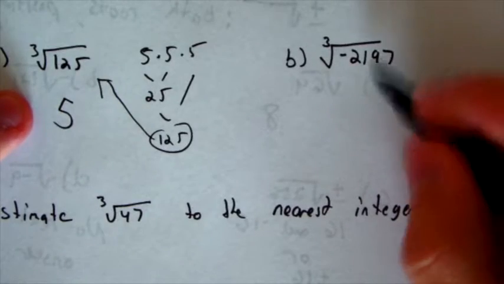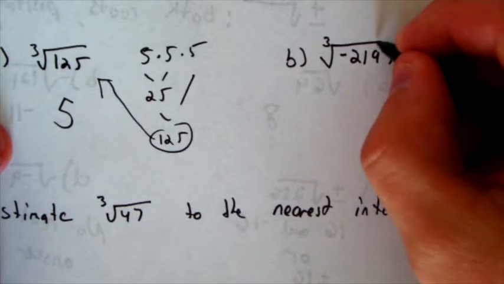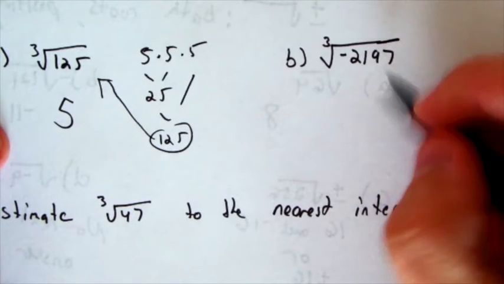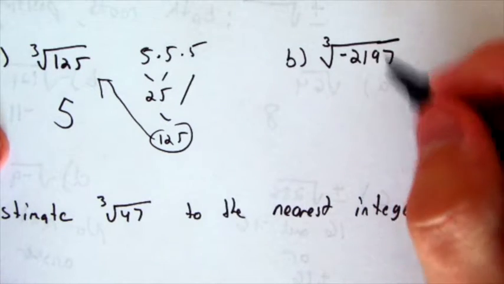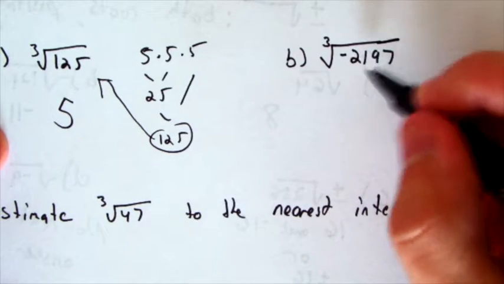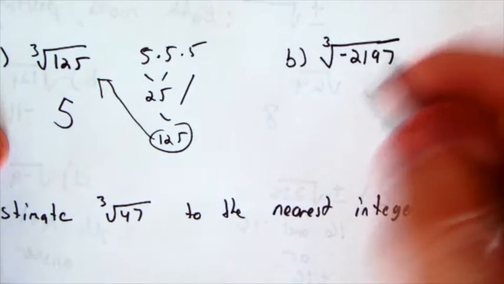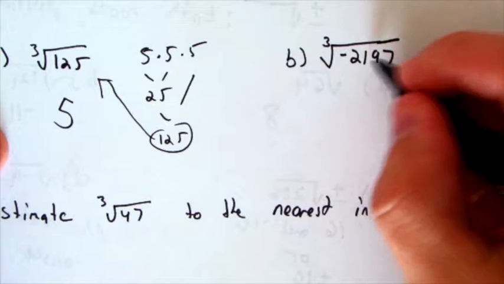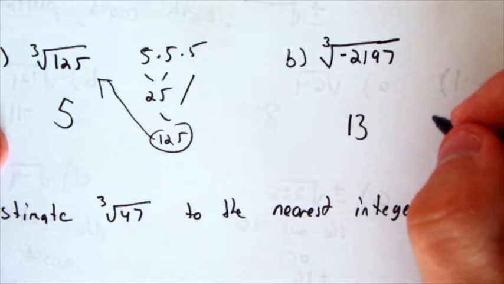Now, this next one, the cube root of negative 2,197, is not nearly as well known, but it can still be done easily. In fact, we've already done this one way back in lesson 1 or 2 when we were talking about rewriting numbers to different powers. 2197 is 13 raised to the third power.